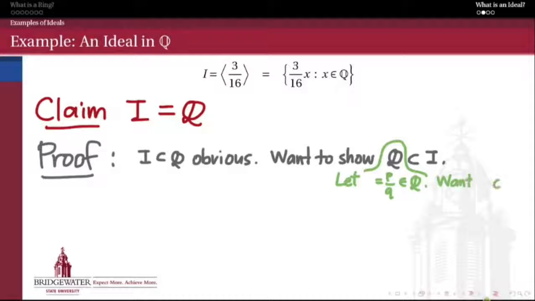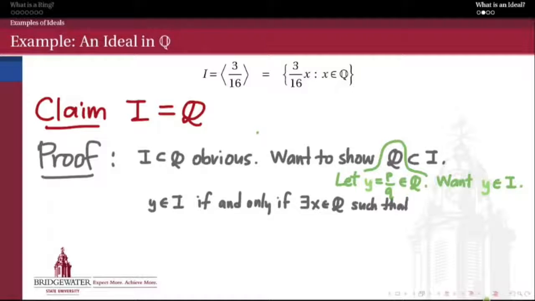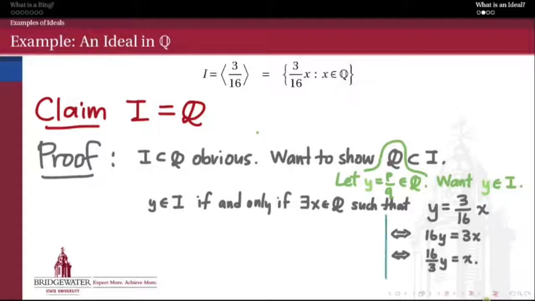So I'm just going to pick any old rational number, and then I want to show that that rational number belongs to I. So let y be a rational number, and we want to show that there exists an x such that y is equal to 3/16 times x. Well, what x can we choose? All we have to do is, over on our scratch paper, solve this equation for x, find out x is equal to 16/3 times y, and since y is rational and 16/3 is rational and the rational numbers form a ring, then 16/3 times y is also rational.